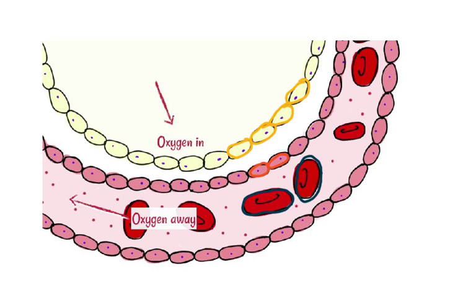So from the alveoli, the oxygen has to cross the one cell thick layer of the alveolus, which is this one. And then it has to cross the one cell thick layer of the endothelium of the capillary, and then it has to enter the red blood cell. So it is 1, 2, 3, 4, and fifth is the membrane of the red blood cell.